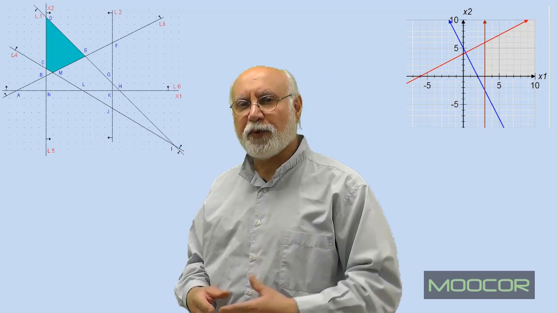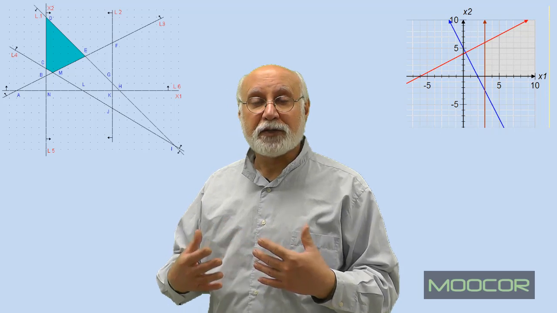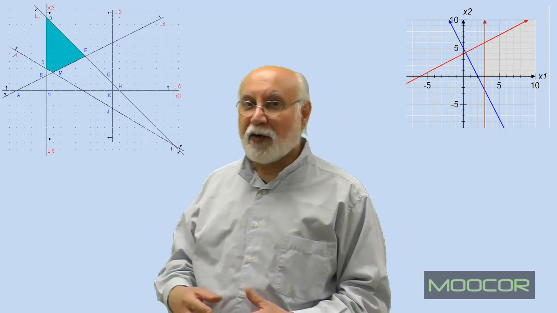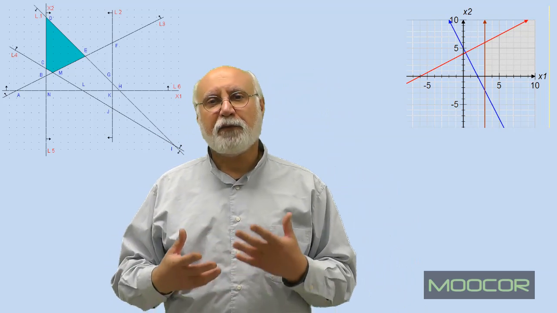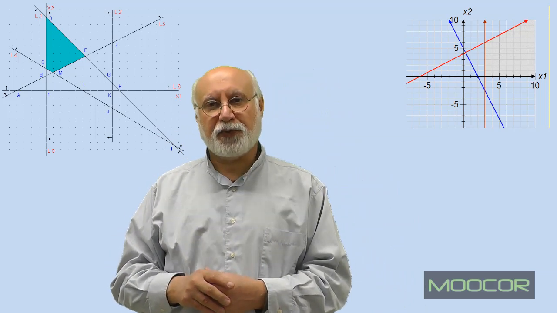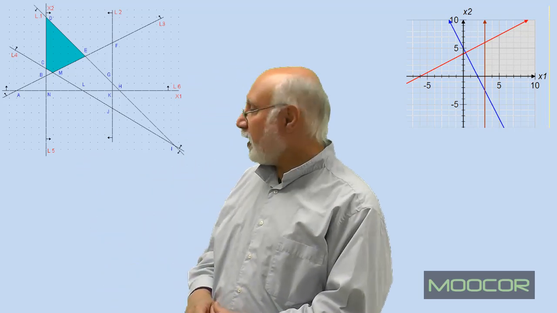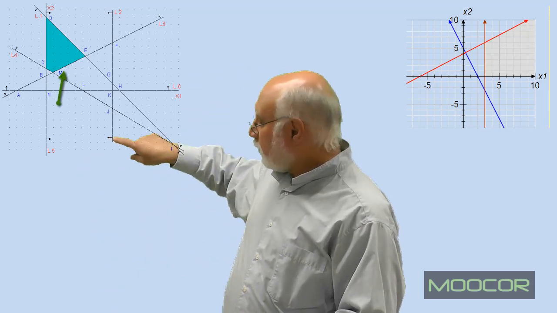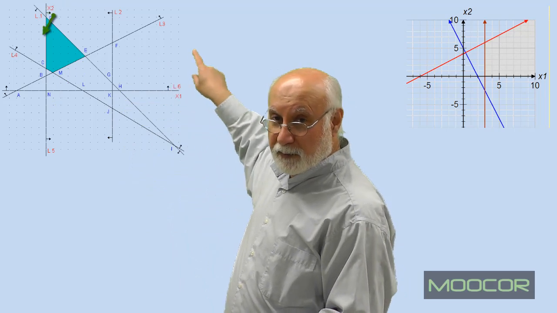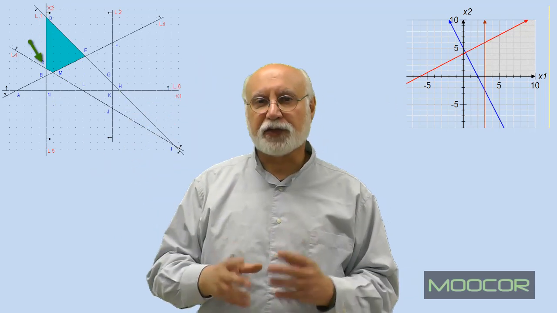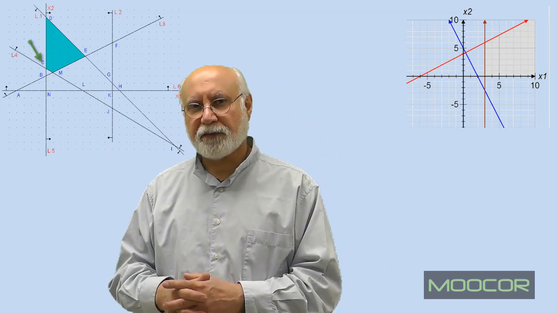These corner points, we also call extreme points. These extreme points are a significant part of the optimization process. So for example, in this case, we have 1, 2, 3, 4, as you see, you can count them and see how many extreme points we have.